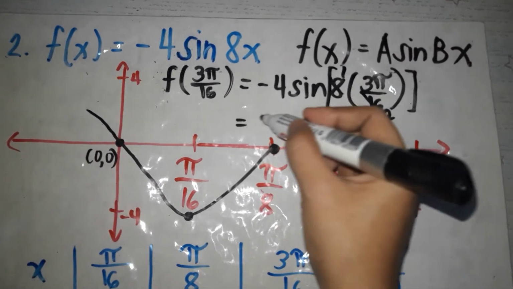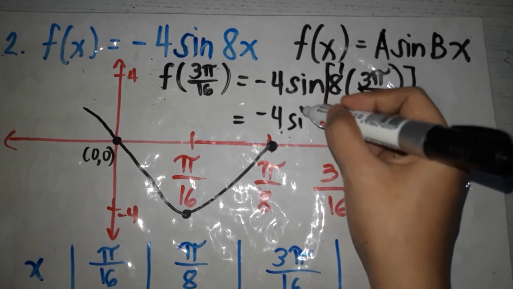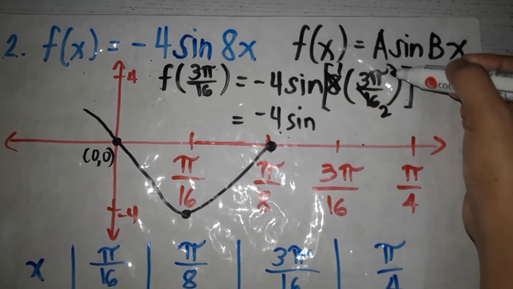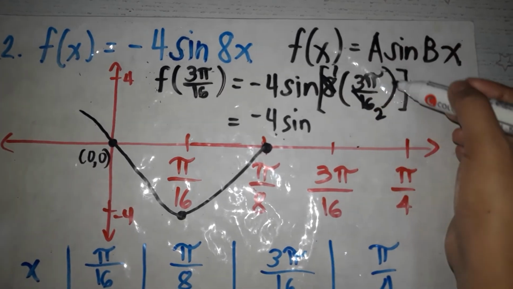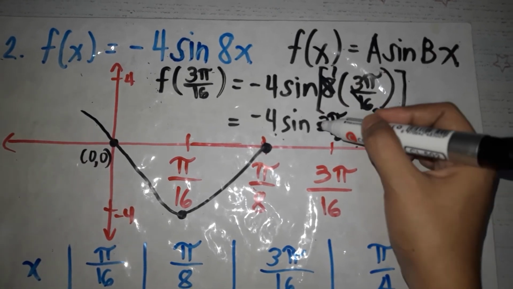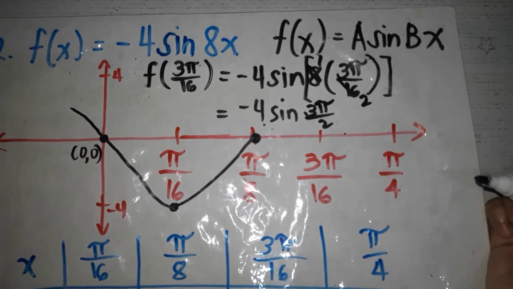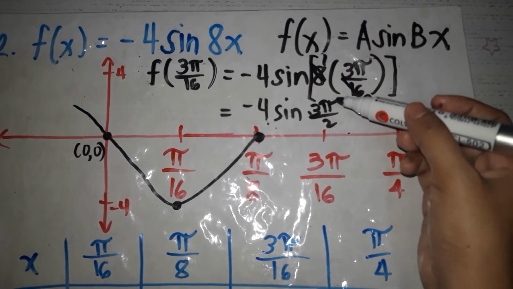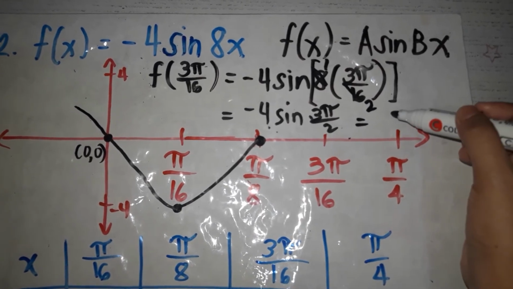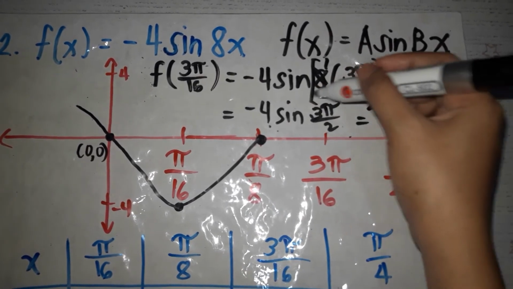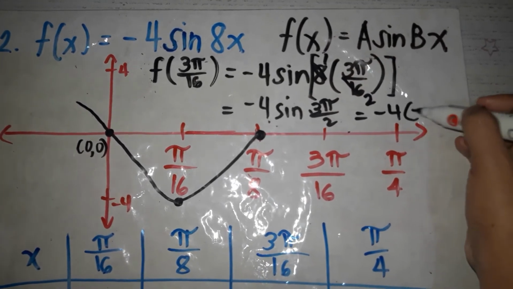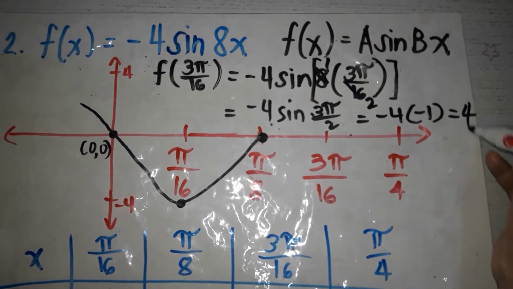So we'll have -4 sine, and 1 times 3 pi is 3 pi over 2. In degrees, 3 pi over 2 is 270 degrees. The sine of 270 degrees is -1. Meaning sine 3 pi over 2 is -1. -4 times -1 is +4.